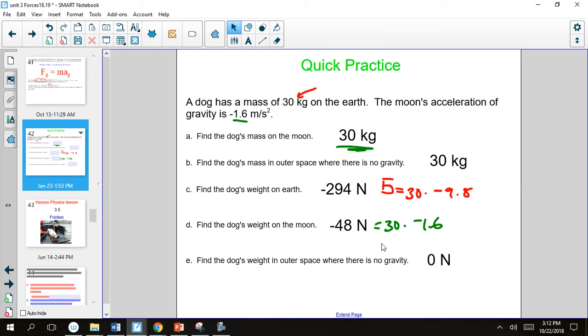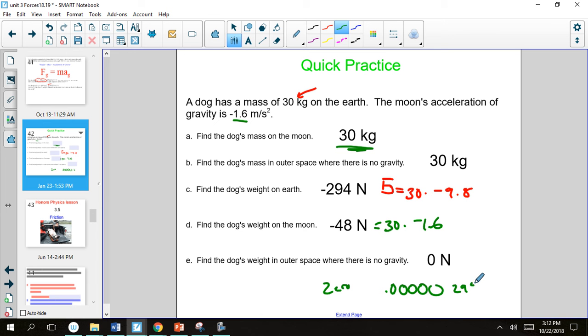In other words, there's no net force acting upon us, or at least a really small net force. And that's actually, interesting fact, where that idea of zero gravity comes in, because gravity would be 0.00000 and so on, lots of zeros. Zero gravity.